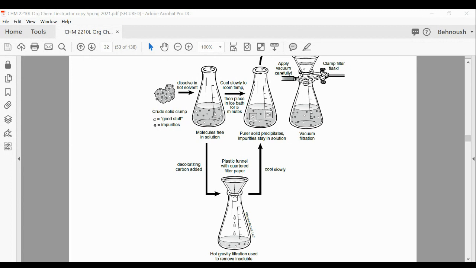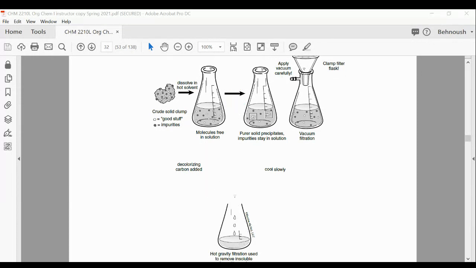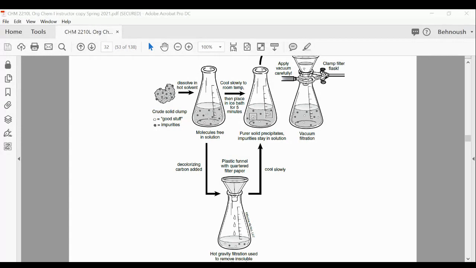What about impurities? What should happen to impurities? With respect to impurities, how should your solvent act toward the impurities? So really quickly, just to go back a little bit, the most important characteristic for a good solvent is that the solvent and the solute don't react with each other.